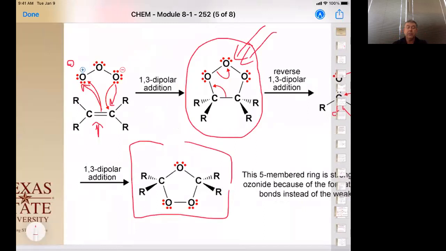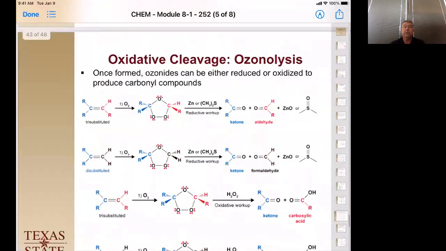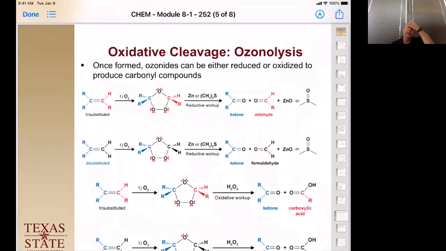Okay. So now we can do the workup, okay? We form this right here. We have a total of 3 oxygens. If we don't get rid of one of those oxygens, we're going to have an oxidized material. If we do get rid of one of those oxygens, it's going to give us a different material. So let's look at what we can do to get rid of that oxygen.